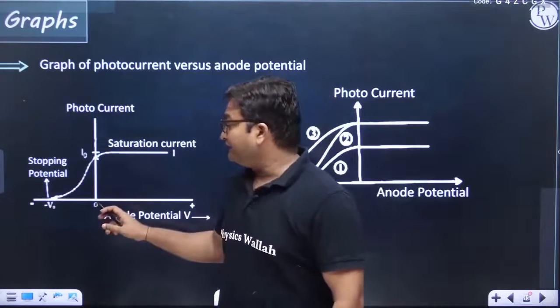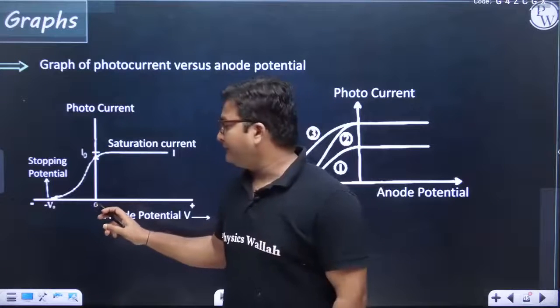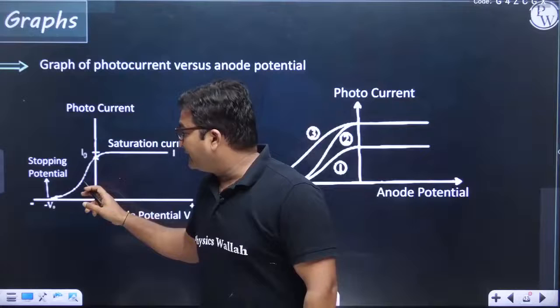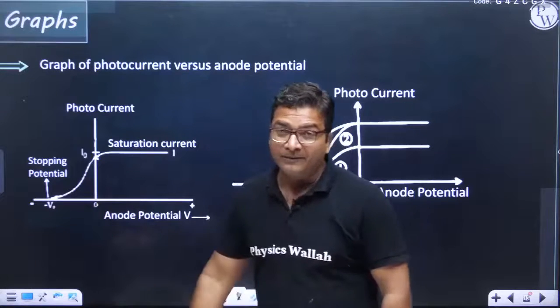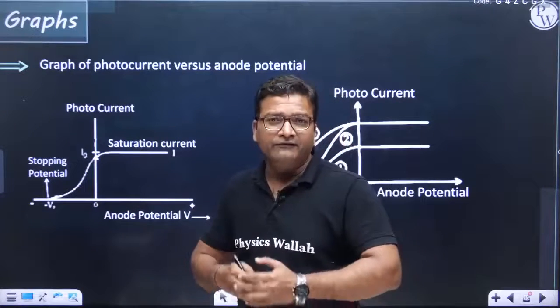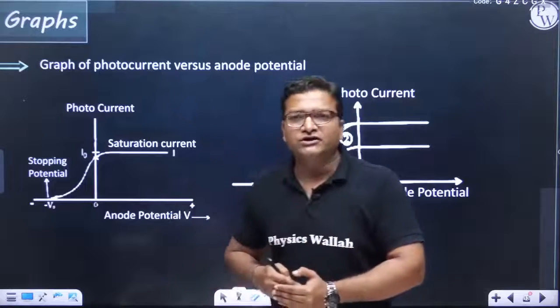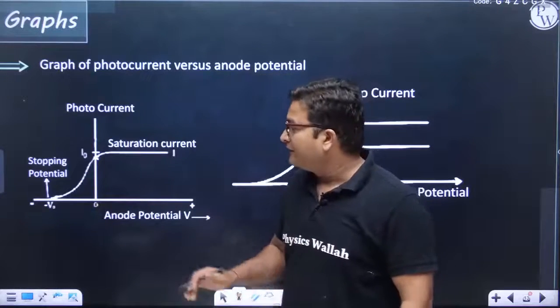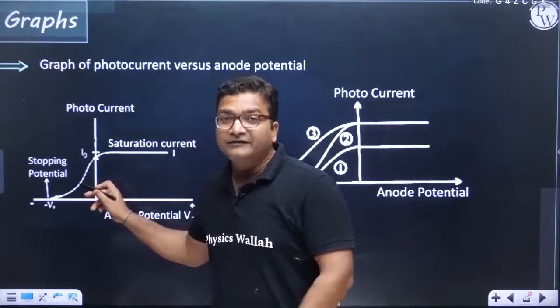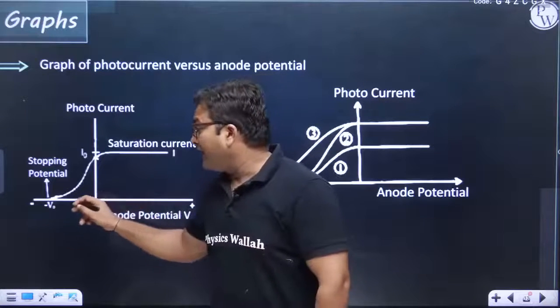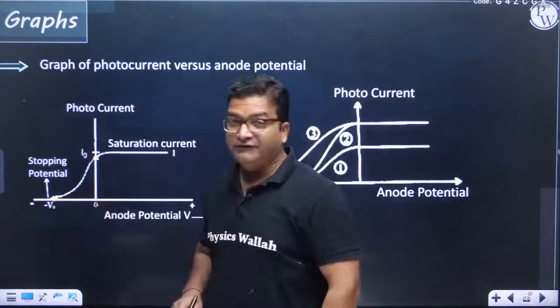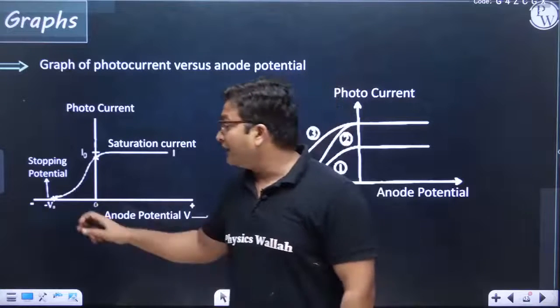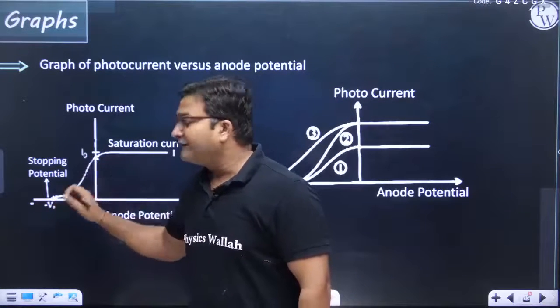Now if you decrease the anode voltage or you make it negative, the photocurrent decreases very sharply, because as you make it negative, the negative potential of anode is actually repelling electrons to go back to the cathode. So the circulating electrons are decreasing, and at stopping potential, we already know the stopping potential, the whole current stops.